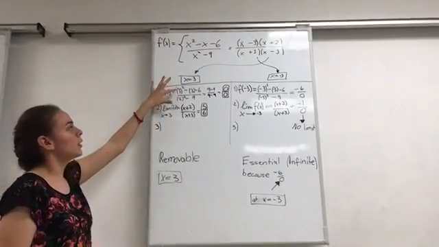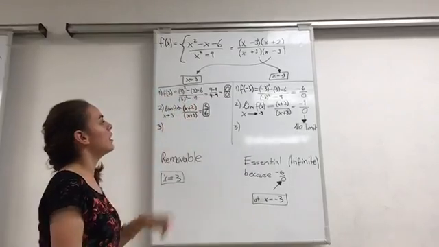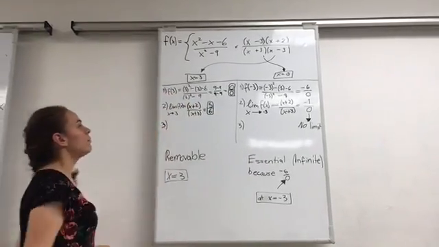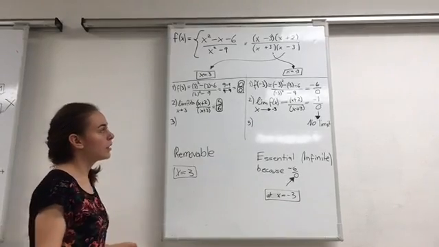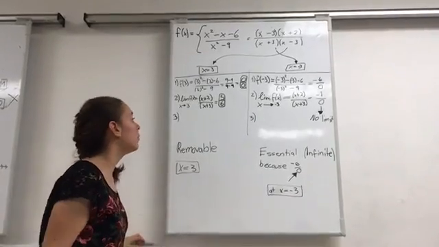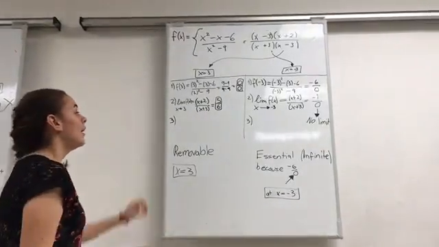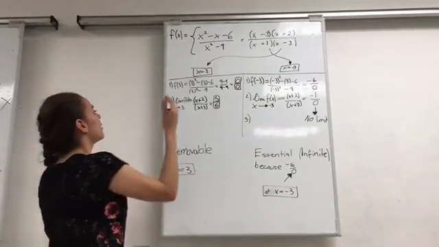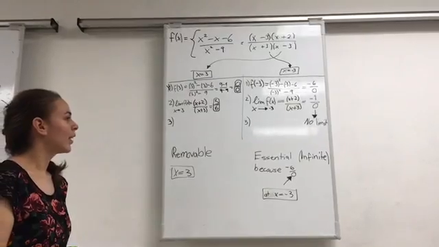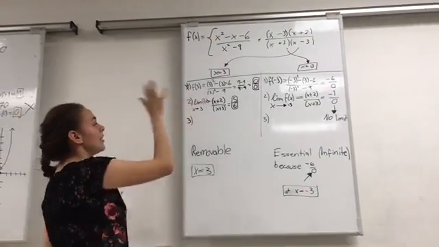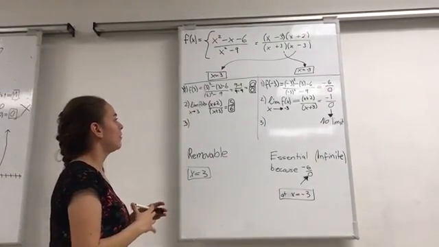Here it is 3 squared minus 3 minus 6 over 3 squared minus 9. It's equal to 0 over 0, so it's undefined. And so this step is not correct.